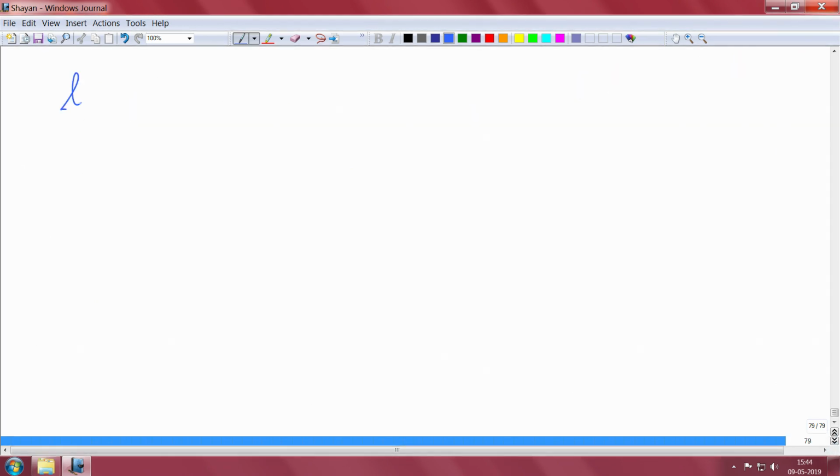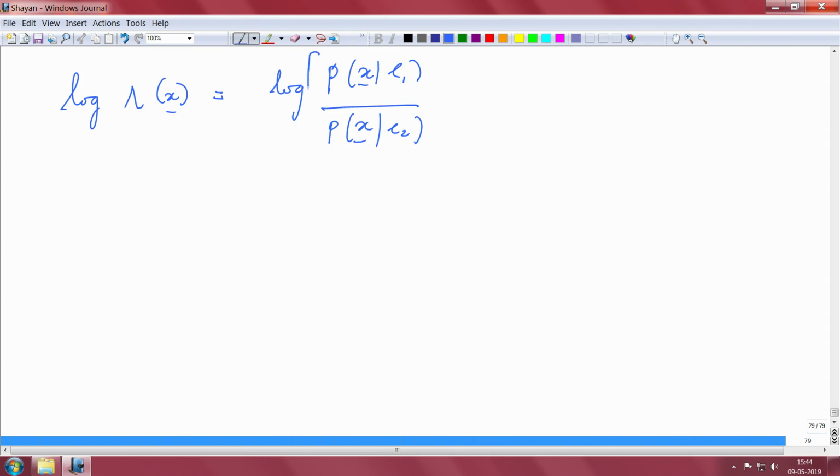Now, the log of lambda x, recall lambda x is our likelihood ratio, and we take the logarithm of lambda x. This is log of P x given C1 against P x given C2, we take the log of this likelihood ratio.